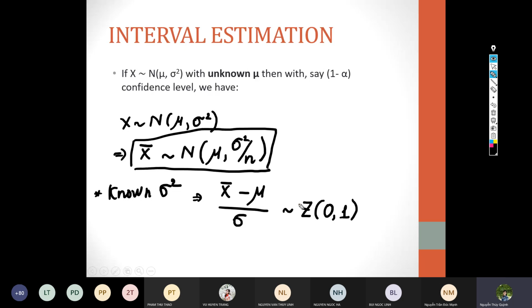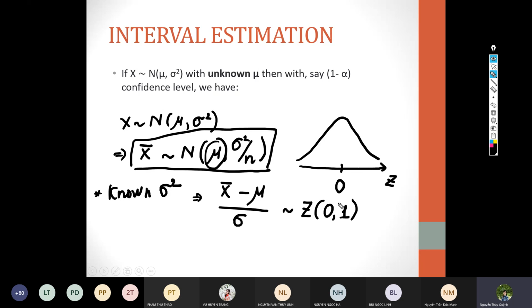So we will take advantage of that to construct the confidence interval for mu like this. Okay, we will begin with the confidence interval for z first. Here we have the distribution of z, a symmetric one with zero mean.